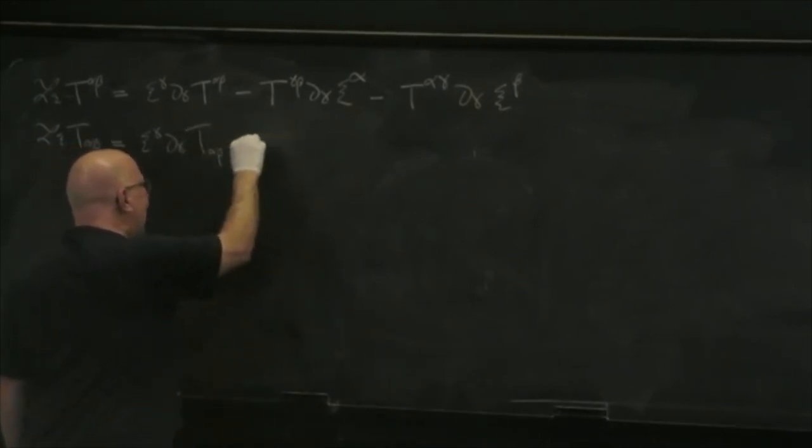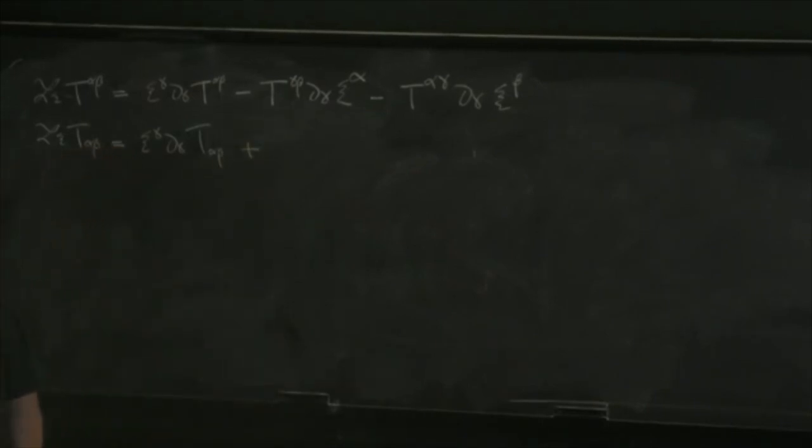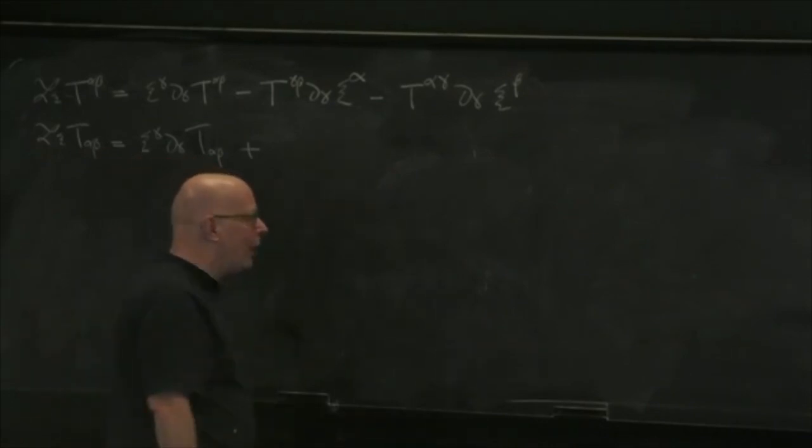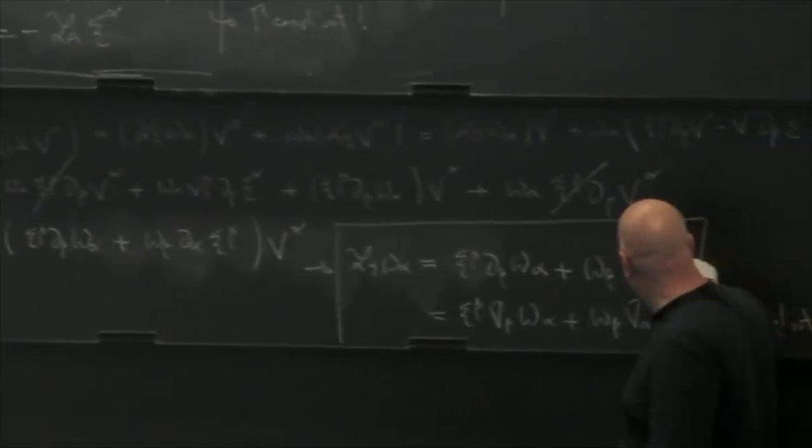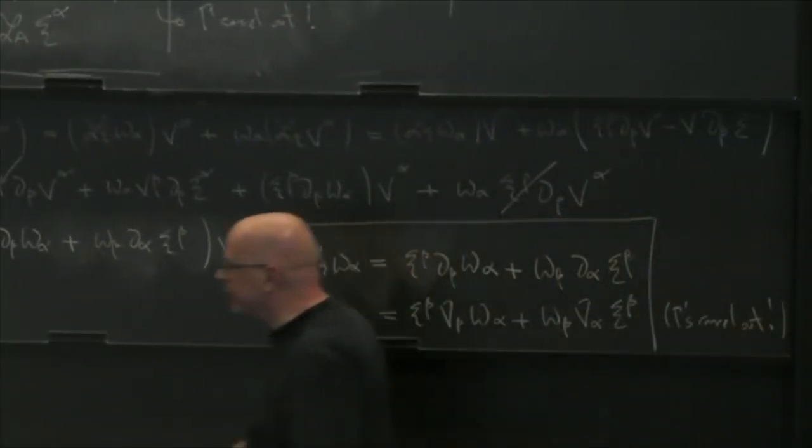And then we have 2 more terms with plus signs, because the indices are down. And the way it works is pretty much what you would expect from the rule over here. So we're going to take the first index of the tensor, and we're going to sum it over the index that belongs to xi.